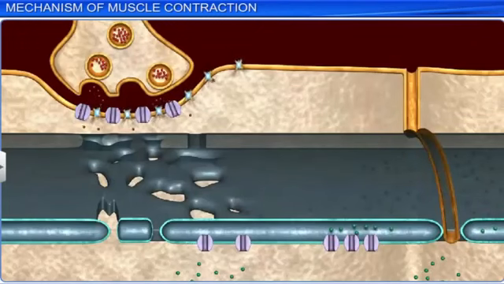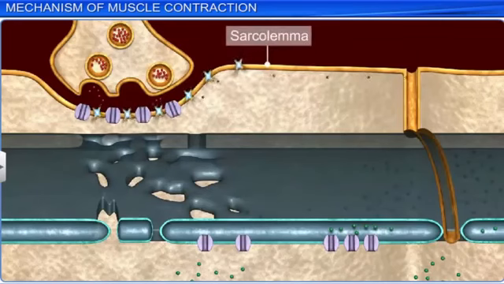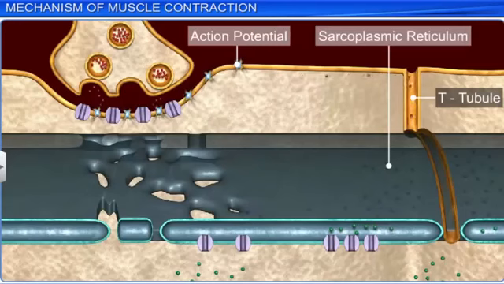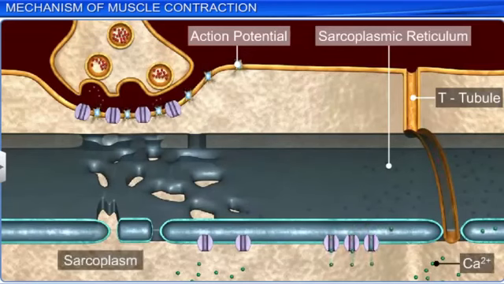This neurotransmitter generates an action potential in the sarcolemma, which spreads into the muscle fiber, causing the release of calcium ions in the sarcoplasm.